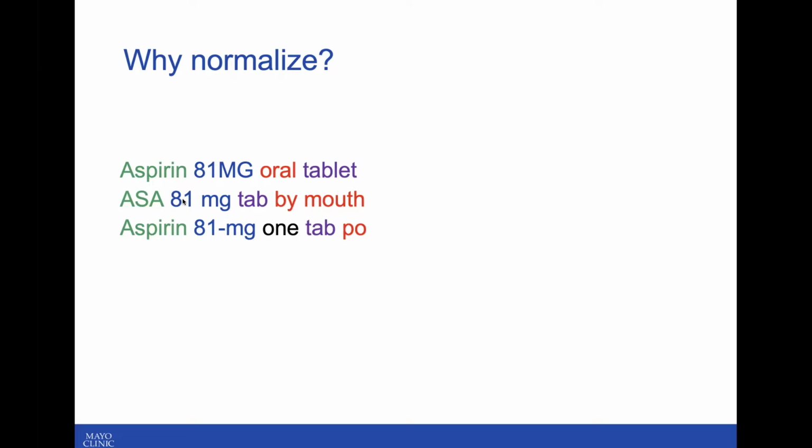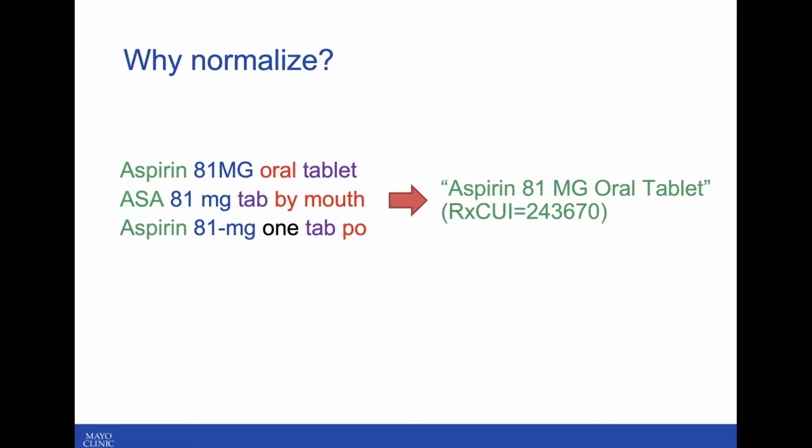All this variation is actually different for the computer, so it can cause medication errors and hinder efficient medication management. That's why we need normalization. We can normalize these variants to the standard form under RxNorm, aspirin 80 milligram oral tablet, and map it to the unique identifier, the RxCUI.